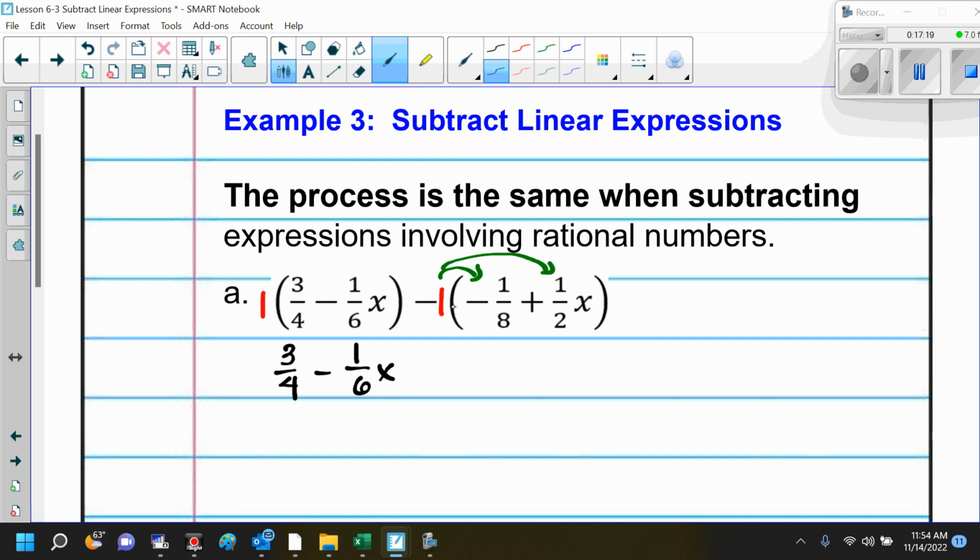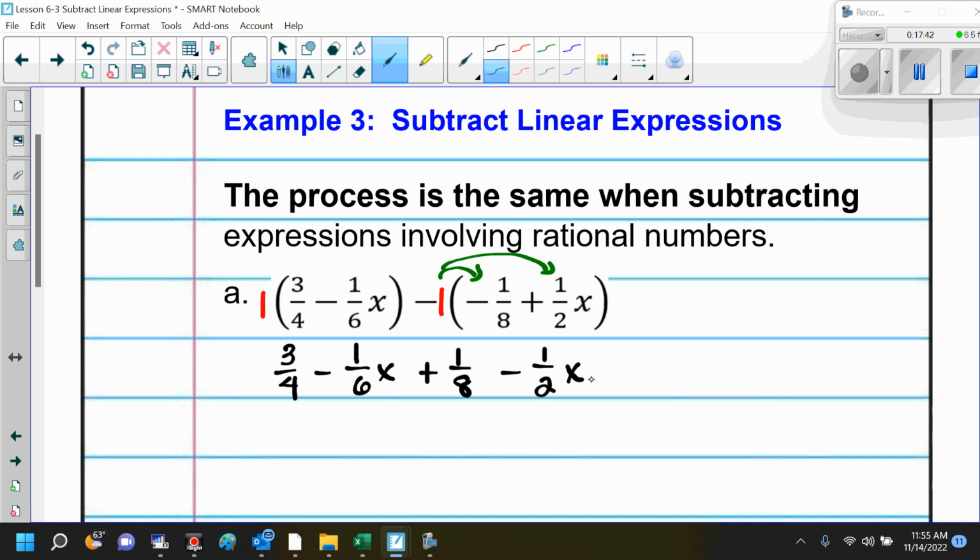So negative times a negative is a positive. So this is going to be plus 1/8. And then this negative times a positive is a negative. So this one is going to be a negative 1/2 x.